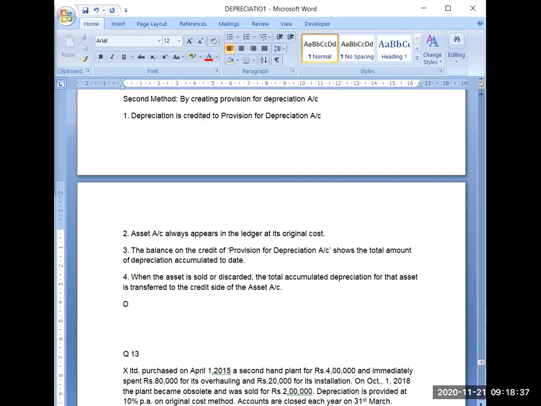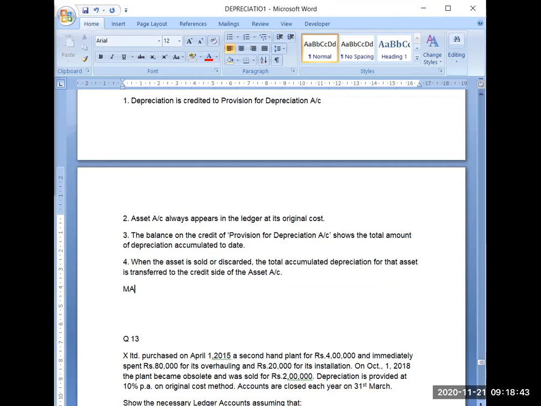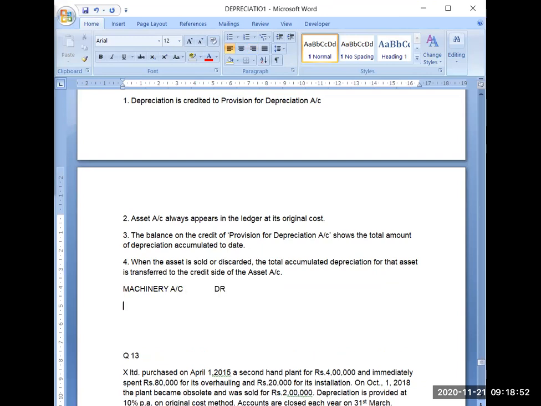So the journal entry will be, we will start from the first journal entry, that we are purchasing any machinery. The first journal entry will be the same: machinery account debit, to bank account. The first journal entry for purchasing any machinery or any asset will not change. Only the depreciation entries will change.